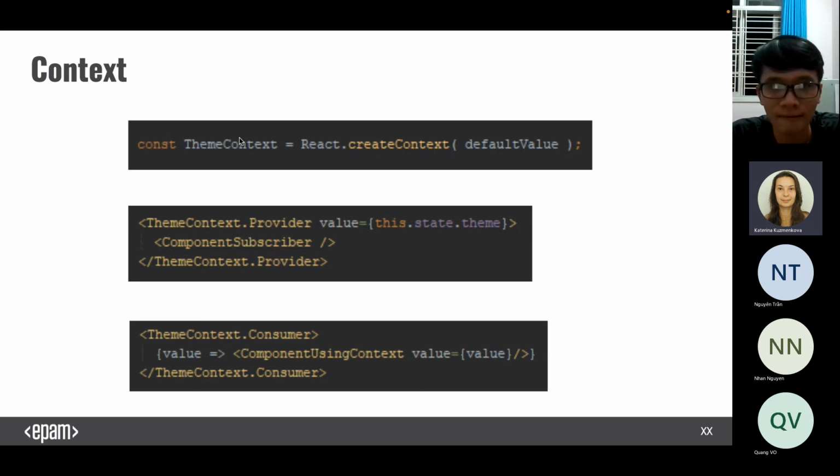We create a theme context using React createContext with some default value. Context lets us pass a value deep into the component tree using such methods.